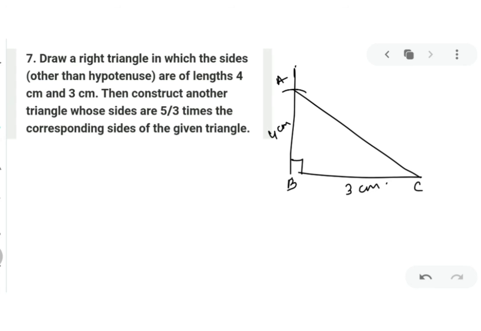As usual, go for BX down. Now check how many sections you will make in BX. You check your ratio. It is what? It is 5/3.